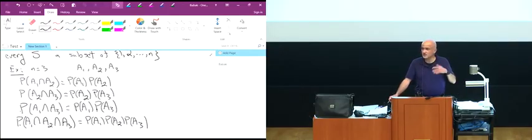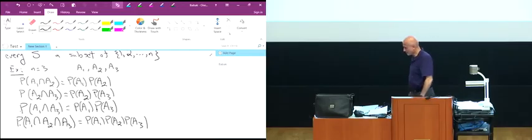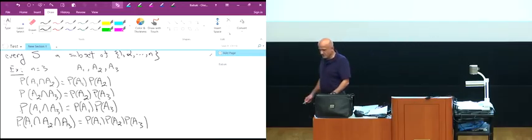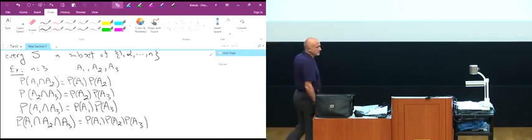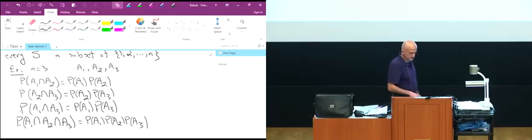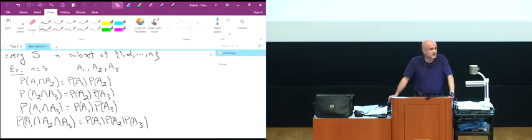Notice I'm sidestepping subsets of size 1. Is an event A independent of event A? If I had more time, I'd go into it. But it turns out an event is independent of itself if and only if its probability is either 0 or 1.